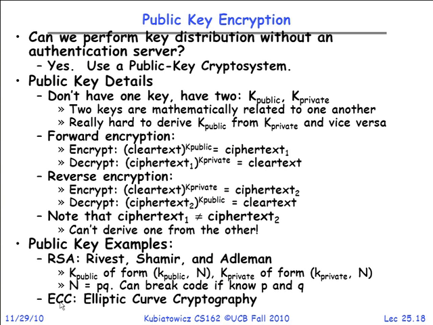Question? What is the intuition behind elliptic curve cryptography? That's much too complicated to go into here, but basically the idea is that you're taking polynomials on discrete fields, plugging values in, and getting the value of the polynomial, and it's hard to reverse that.